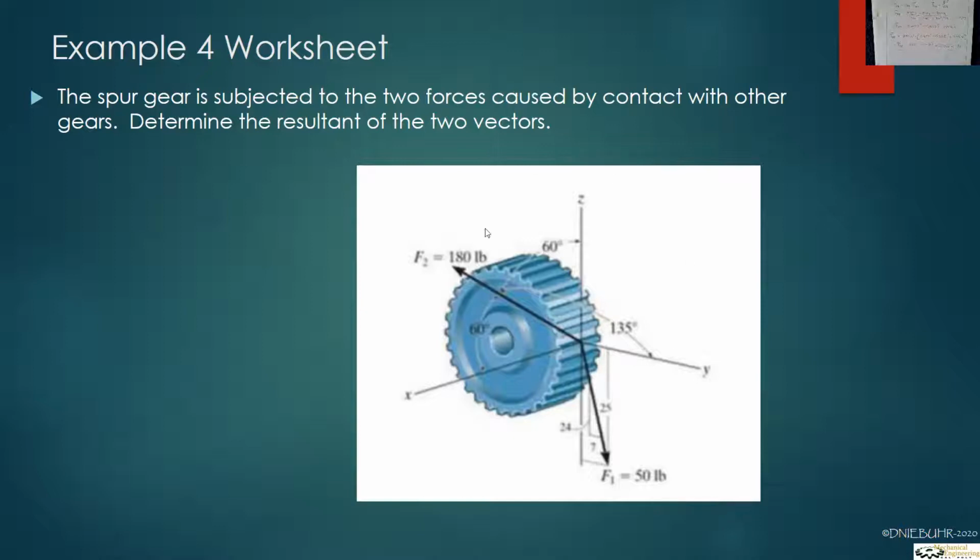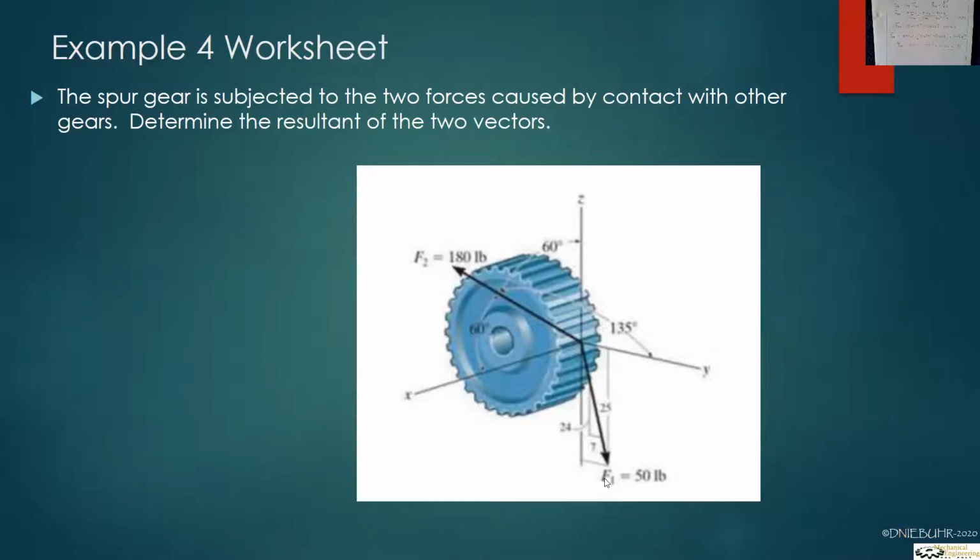So one thing to notice right away is that with this force 2, you have the angles given to you. So if we do that, we know that cosine theta of the respective angles will give us the unit vector components, which then we can multiply by 180, which will give us our force 2 vector. And we can do the same thing with F1.